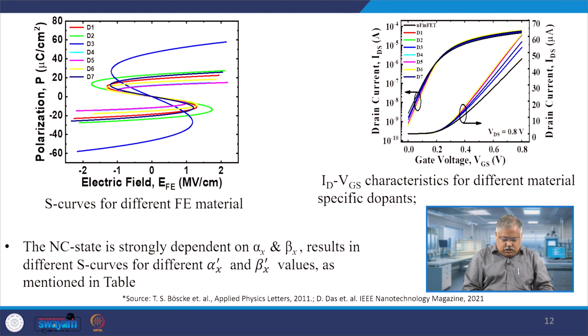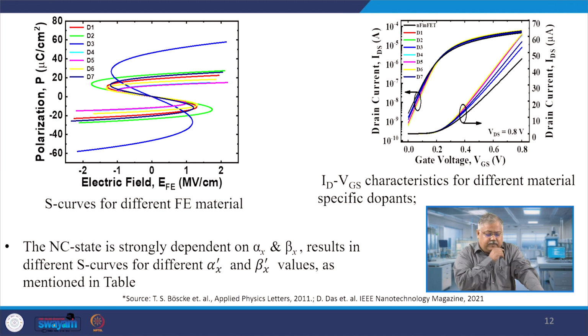Now these are the results taken from this paper, where you look at the S curve for various materials. D1, D2, D3, D4 till D7 are various materials available. But all the materials which show negative capacitance will show an S curve, as you can see on the left hand side. The S curve is always available to all the materials in that sense.